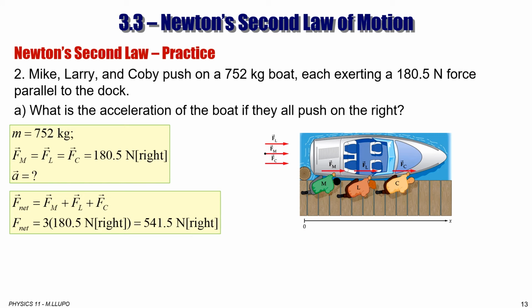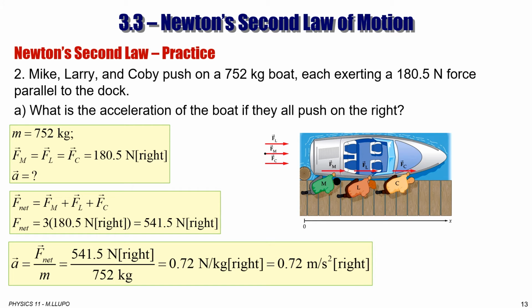So acceleration is what? F net divided by mass. In order to find F net, we just have 3 times that force. So 3 times 180.5 Newtons to the right is 541.5 Newtons right. As we know F net now, we are ready to calculate acceleration.